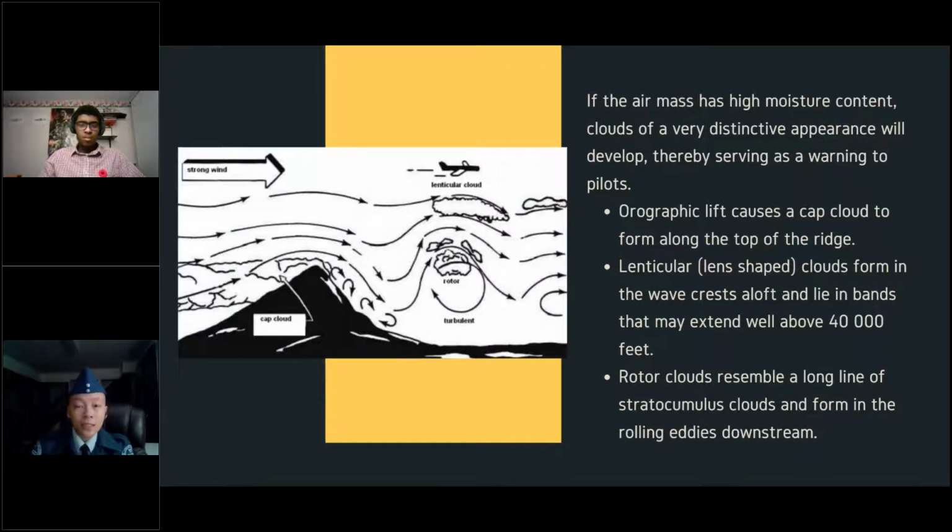Lenticular, which is lens-shaped, clouds form in the wave crests aloft and lie in bands that may extend well over 40,000 feet. The rotor clouds resemble a long line of stratocumulus clouds and form in the rolling eddies downstream.